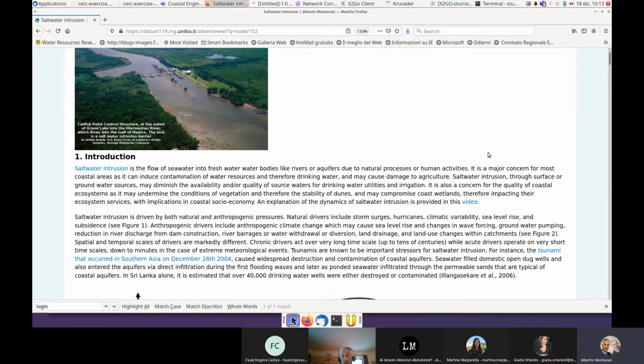So when huge waves hit the beach, of course, the pressure exerted by salt water on the sea bottom is higher, which means that the salt water has a higher energy to penetrate, to infiltrate into the land.